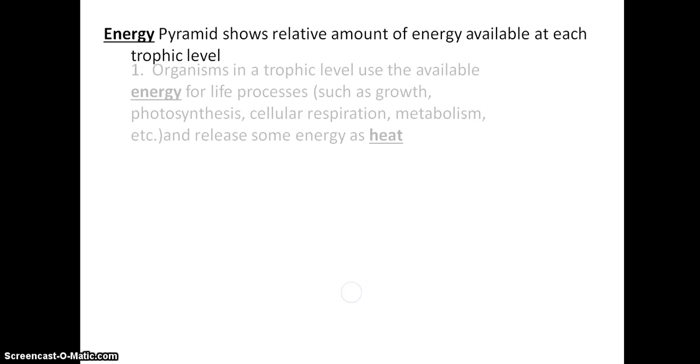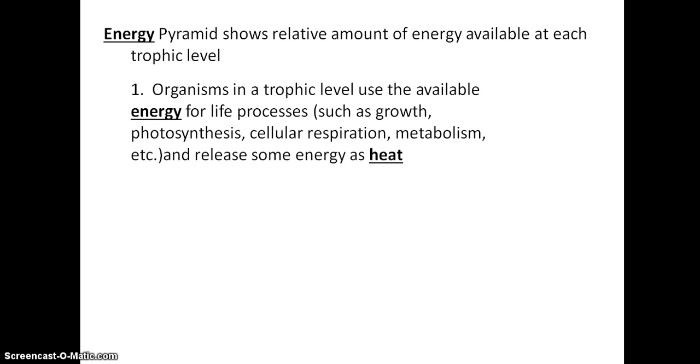An energy pyramid shows the relative amount of energy available at each trophic level. So let's look at what that means. In order to form an energy pyramid, you need to take into account that organisms in a trophic level use the available energy for life processes, such as growth, photosynthesis, cellular respiration, metabolism, etc., and release some energy as heat.